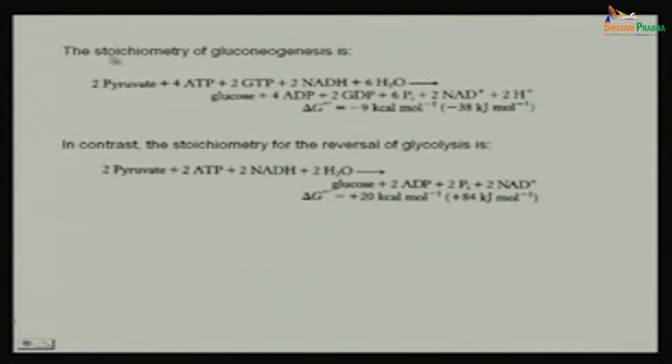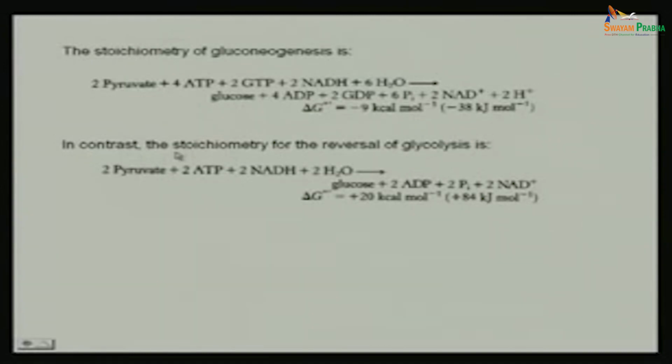If we see the stoichiometry of gluconeogenesis, we can find that from 2 pyruvate, 1 molecule of glucose is produced, and this reaction is thermodynamically possible and feasible.